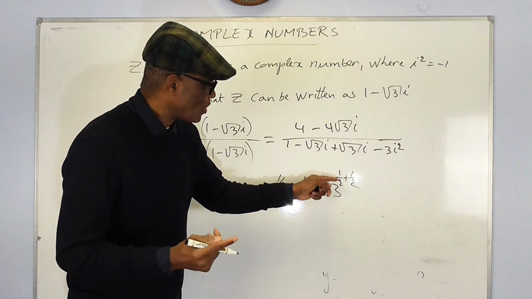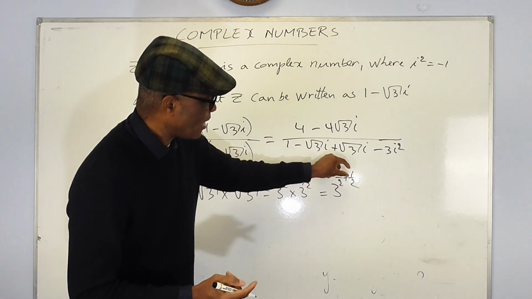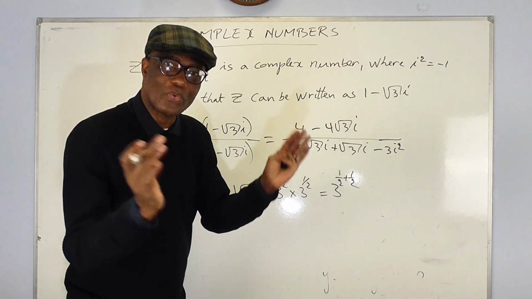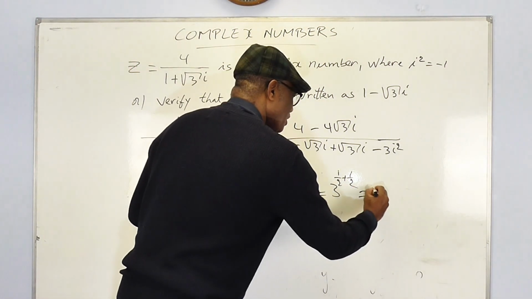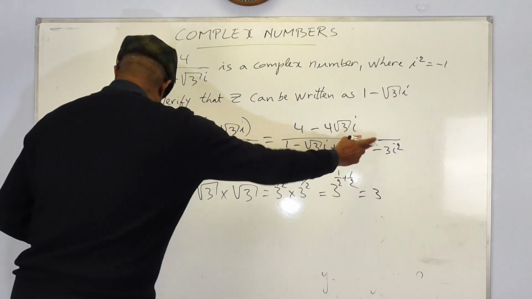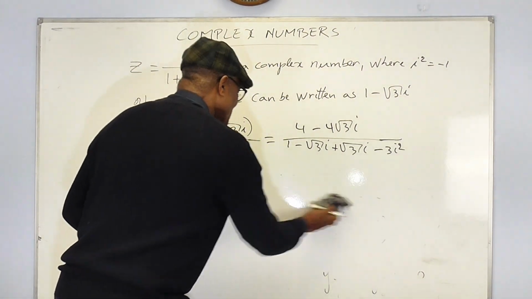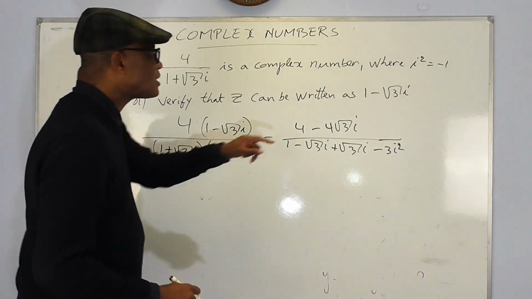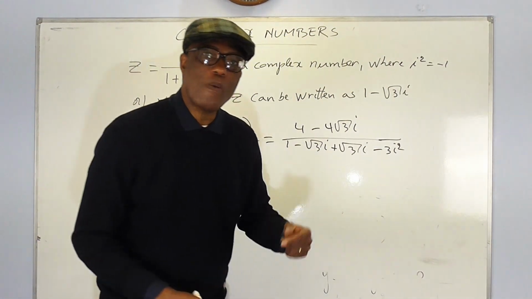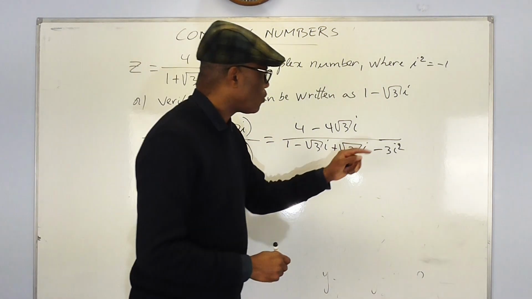When you put the two halves together, you get just one unit. So that's why we get 3 there. And remember, they say i squared is equal to minus 1.